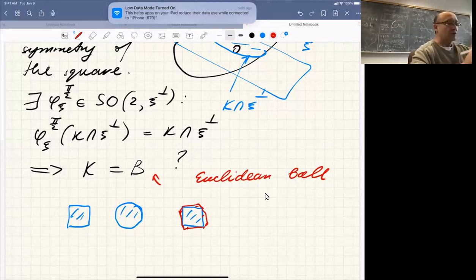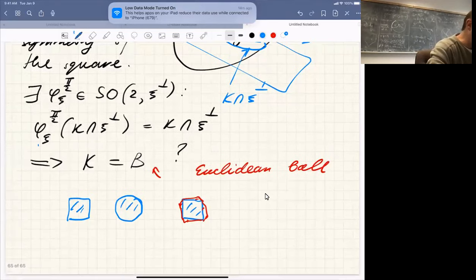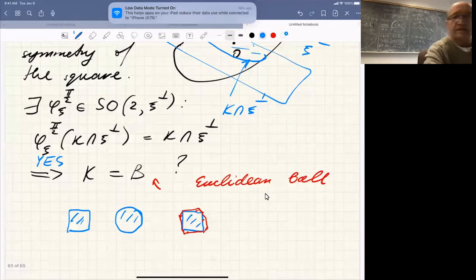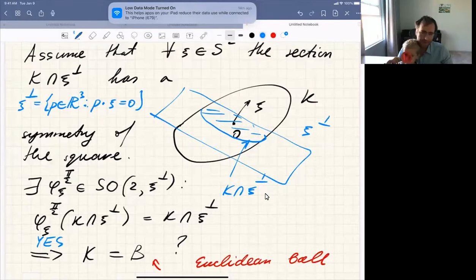So you have all kinds of shapes like this, and the question is, is it possible out of these shapes to make a single body which is not a ball? And the answer is no. So the answer to the question is affirmative, yes, it is a ball, and let me solve it. It's very easy in R3, and this is kind of a warming up thing. Is the question clear? I hope it is.